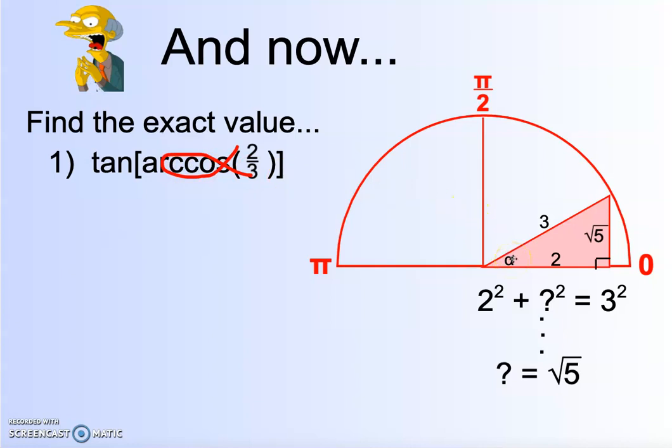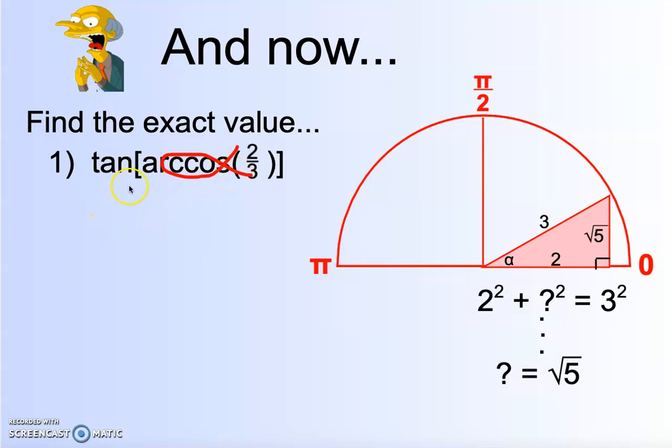I have absolutely no idea what angle gives me a cosine value of 2/3. 2/3 is not one of my unit circle measurements that I have memorized. I mean, I know cosine values of 1/2 and radical 3/2 and radical 2/2 and 0 and 1. I don't know 2/3. I don't care. It doesn't ask me what alpha is.